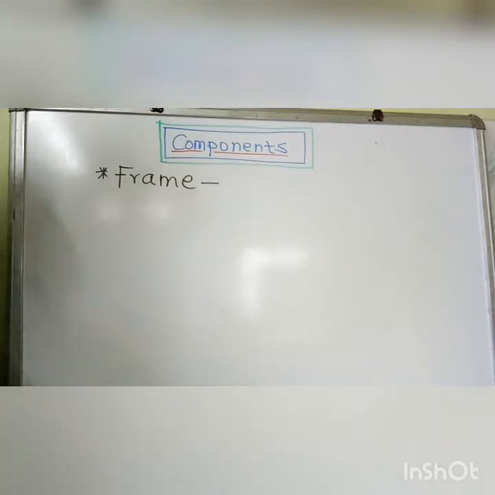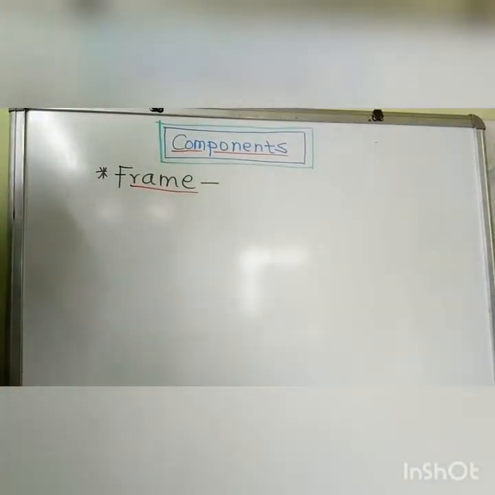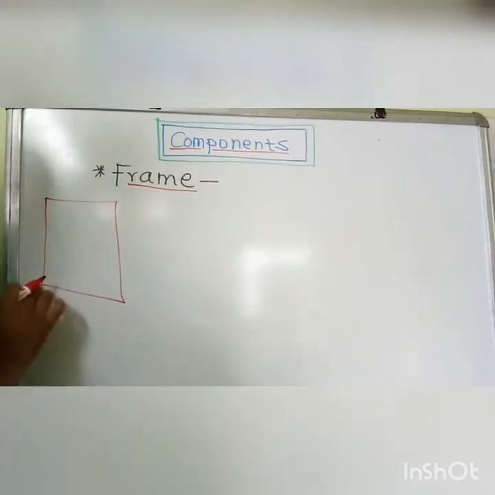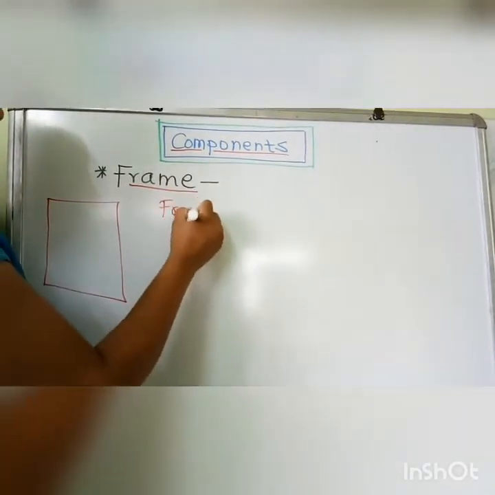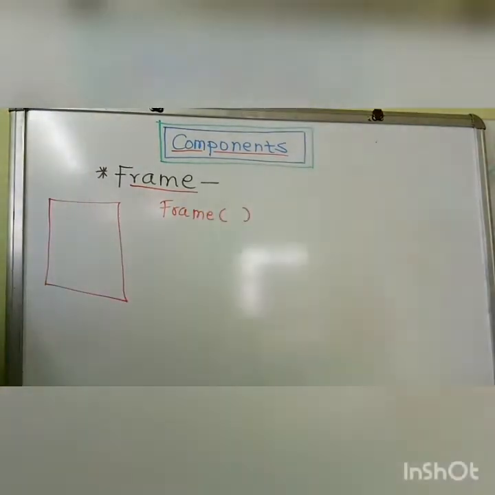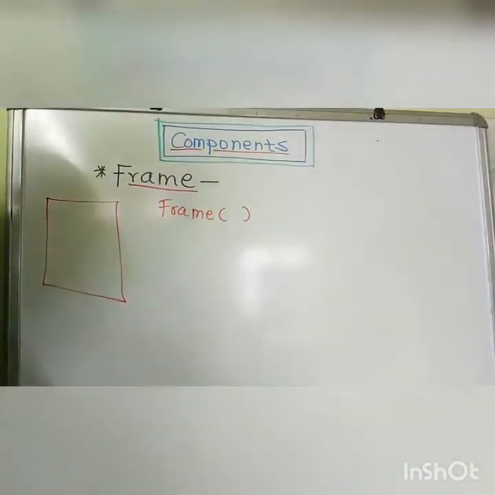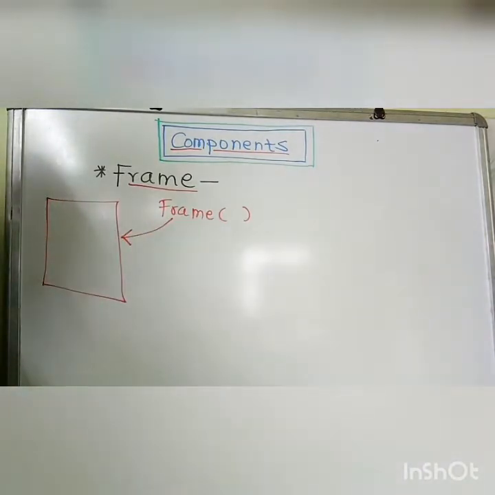So first of all, we will start with our first component, that is the frame. It is nothing but a type of window defined by either a frame or an applet. Suppose it is your GUI and you are designing your screen. So this border is nothing but your frame. For this purpose, the Frame constructor, with opening and closing round brackets, is used to actually create this frame window.